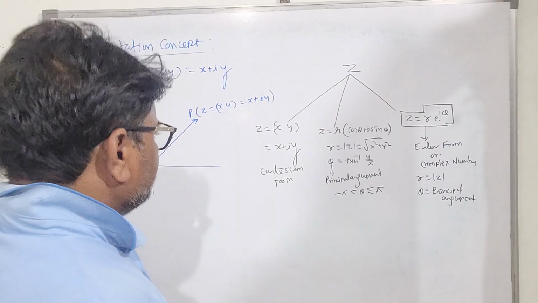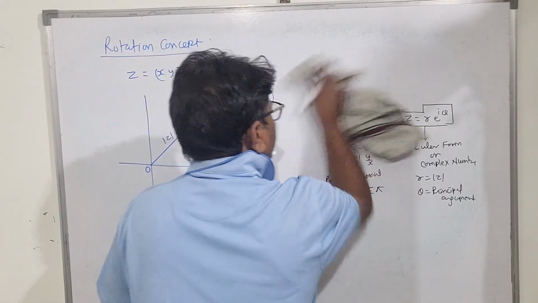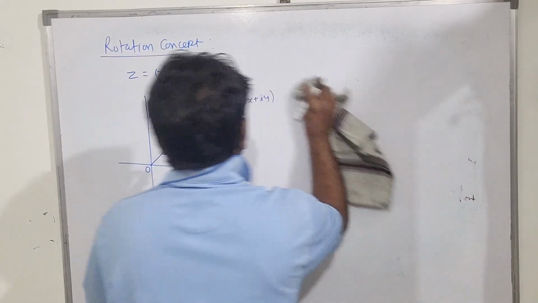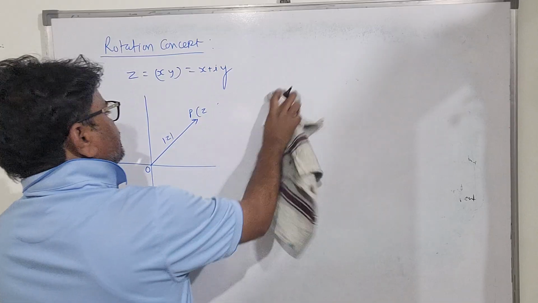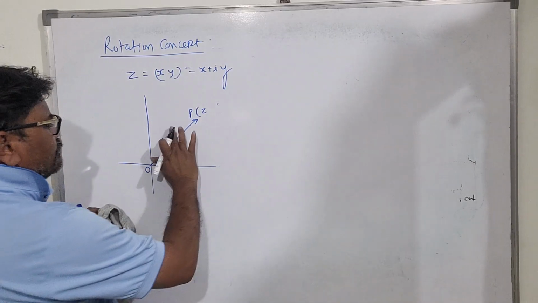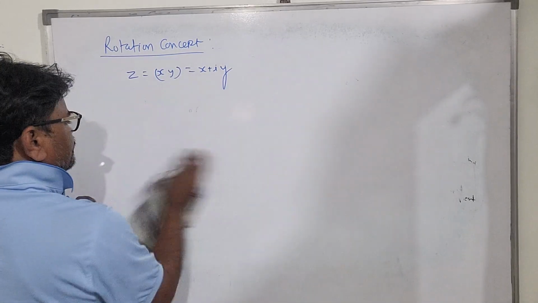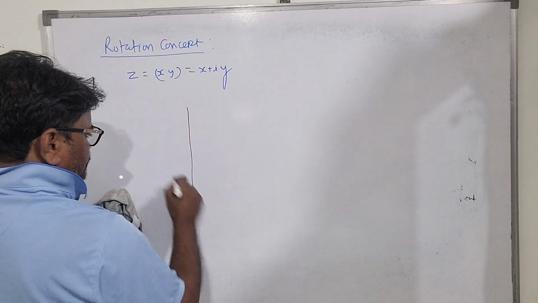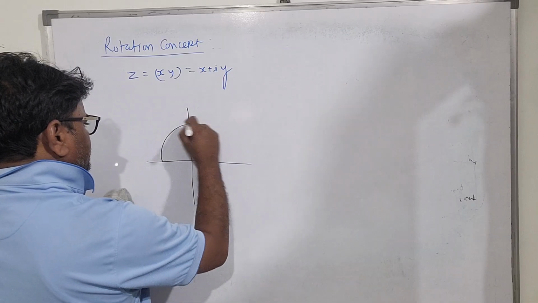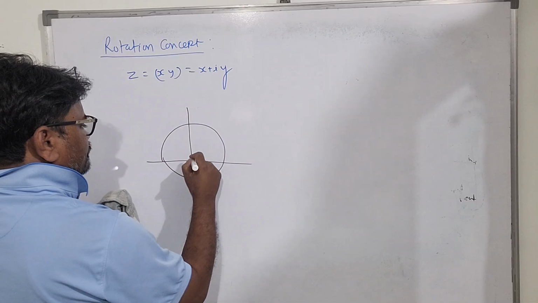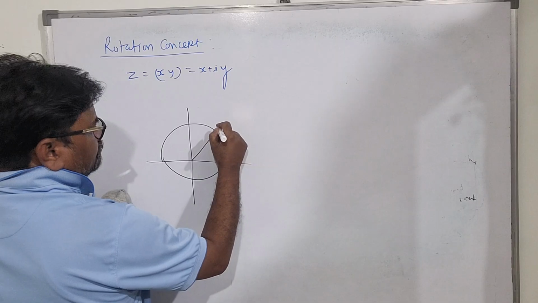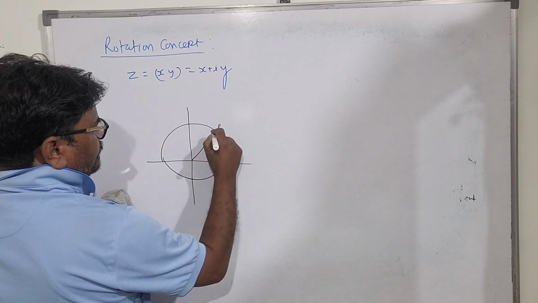Okay? So first, I will write down this complex number z in Euler form. So let the modulus of z be r, suppose this is a circle and this is your vector OP.